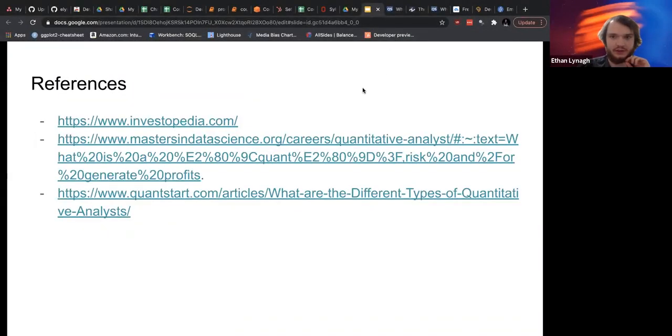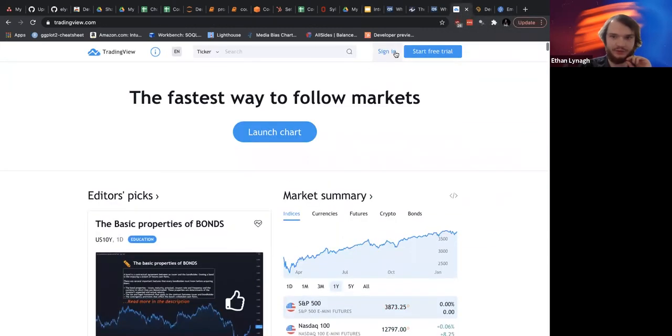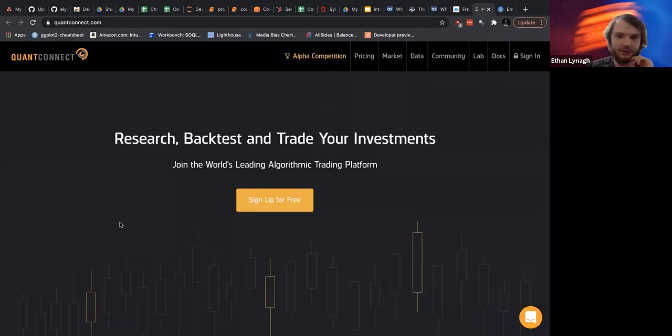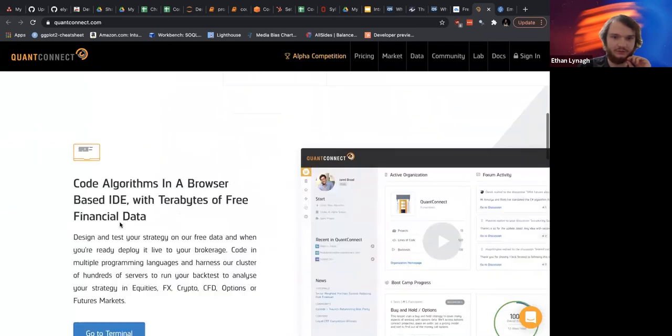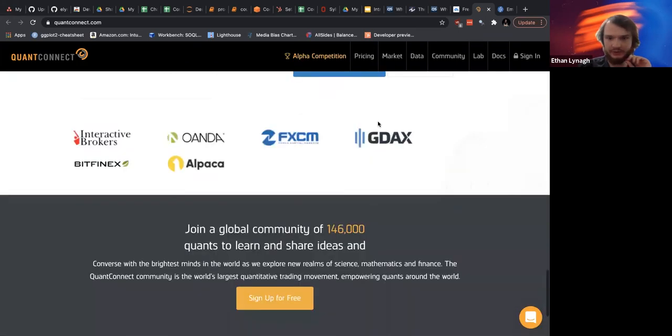Yeah, that's a lot of what I wanted to cover. And then also I wanted to show some other interesting resources to look at that probably go more into depth in the next meeting. So there's this site called Quant Connect, which has a lot of resources for quantitative model building.